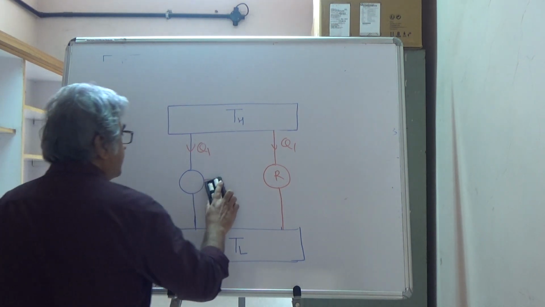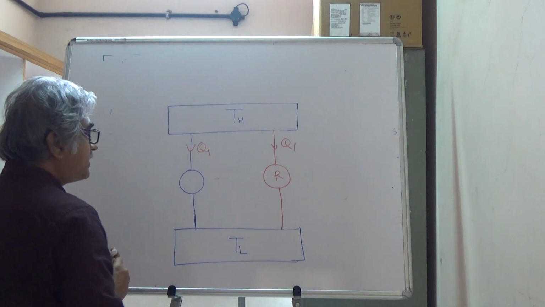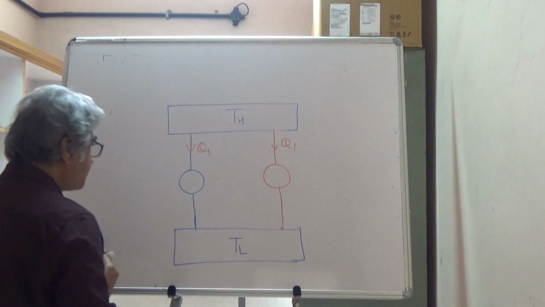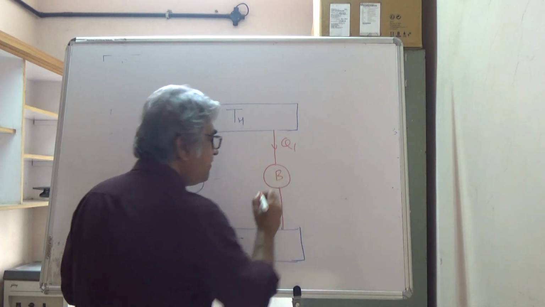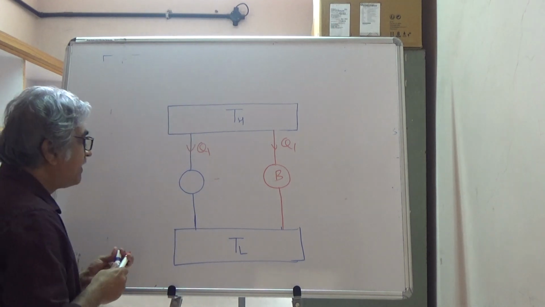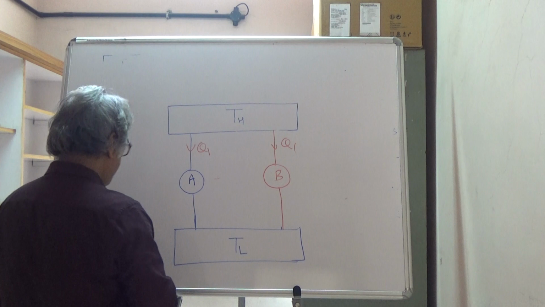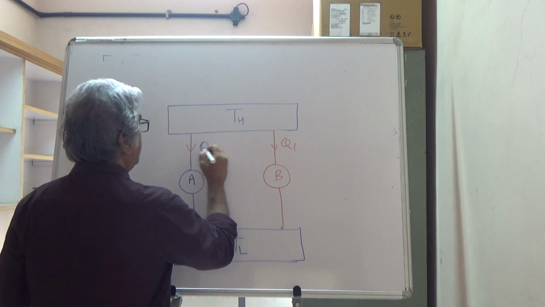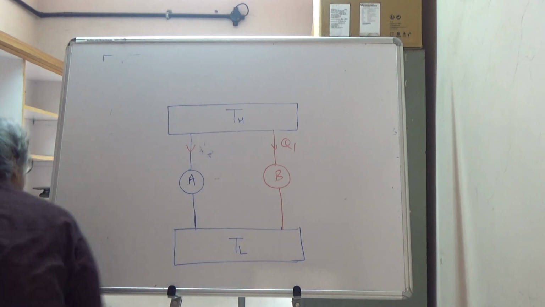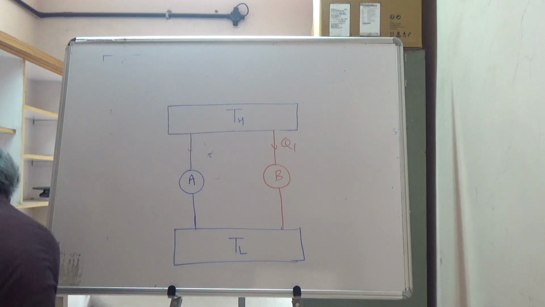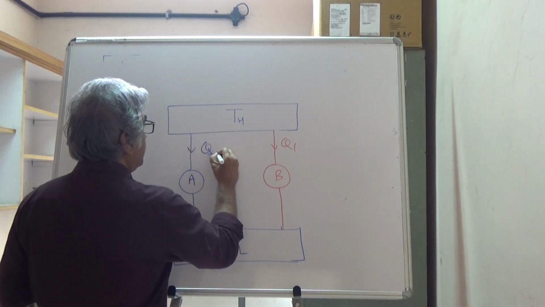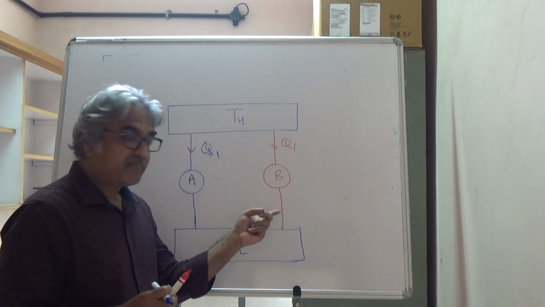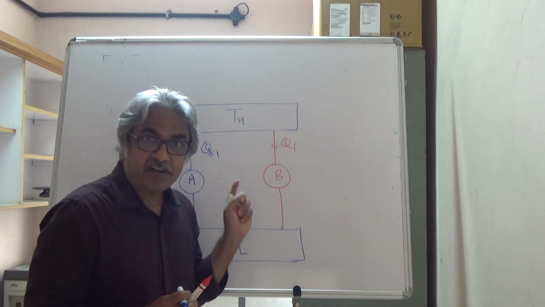I'll make this engine B. Engine B is reversible and this is engine A. So this is Q1. So we are imagining one engine to be reversible, another which is not reversible.